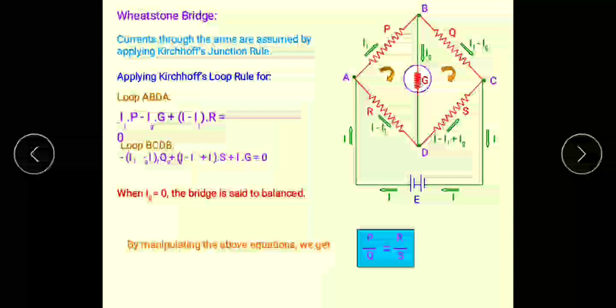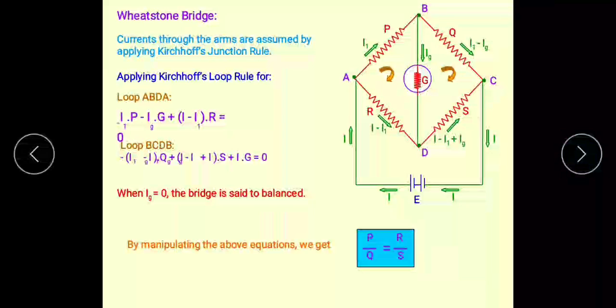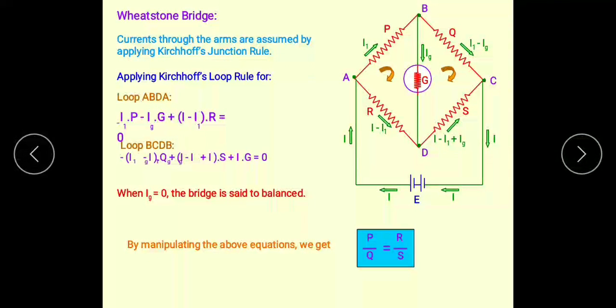Now if we see the current in the circuit, then here I current is flowing in this circuit. Now at point A there are two paths for the current, so current will be divided.